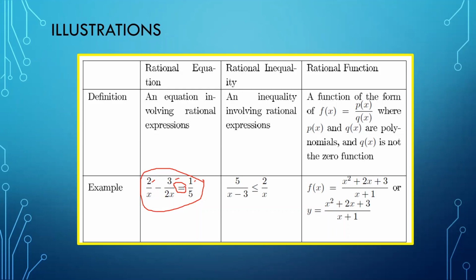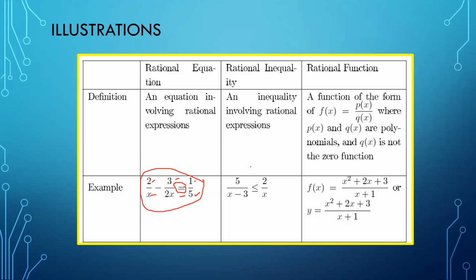In this case, 1, 2, and 3 are constant functions, and x, 2x, and 5 are also polynomials. So therefore, this is a rational equation.